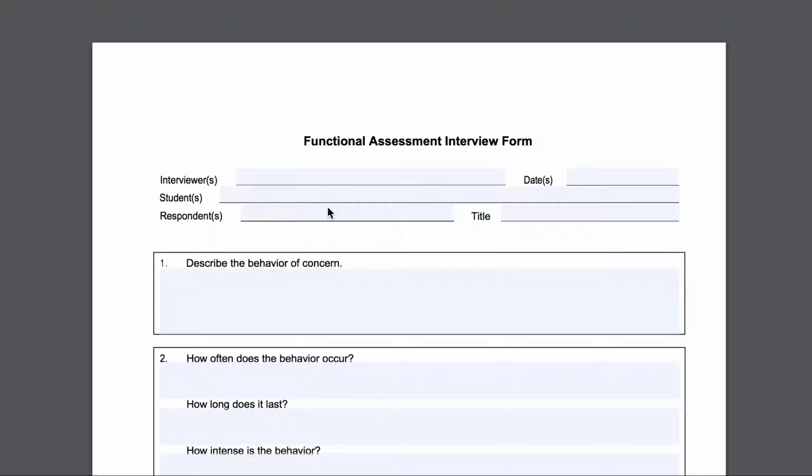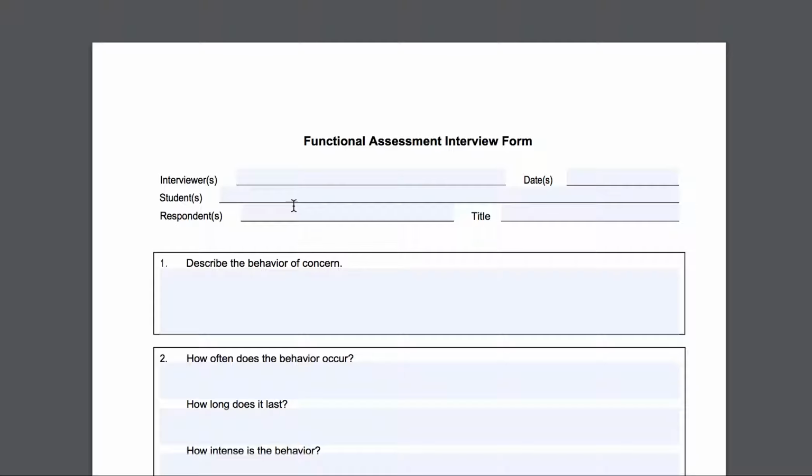Initially, I wanted to use the interview form developed by Dr. O'Neill, but that form is really, really long, although it is very thorough. However, these days there are so many functional assessment interview forms available online, like I said before, but those forms are developed based on Dr. O'Neill's form.